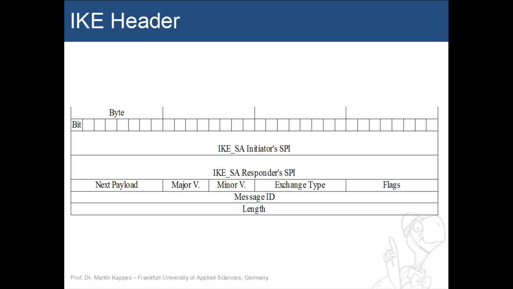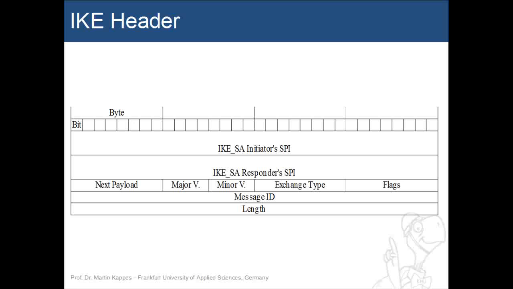This is of course just the header. The type of payload that's then in the packet is specified by the next payload field. IKE is supposed to change, which is why there is a major and a minor protocol version. There is a so-called exchange type that specifies what type of exchange is going on. You see that field here.